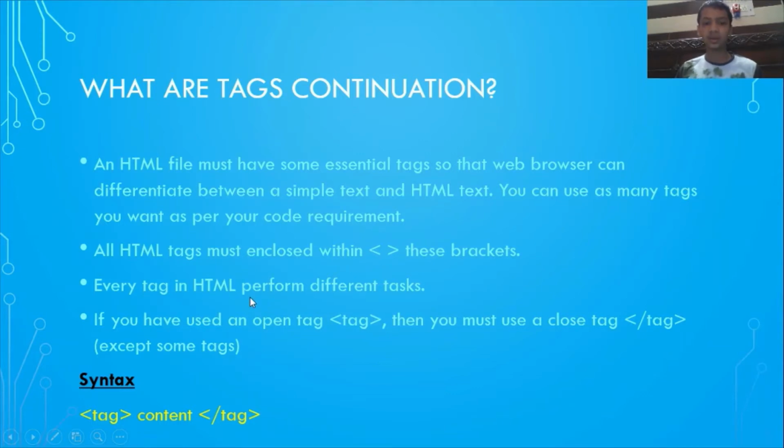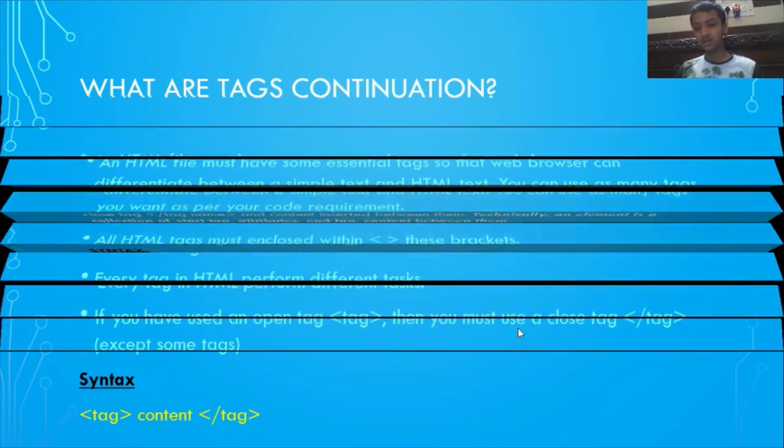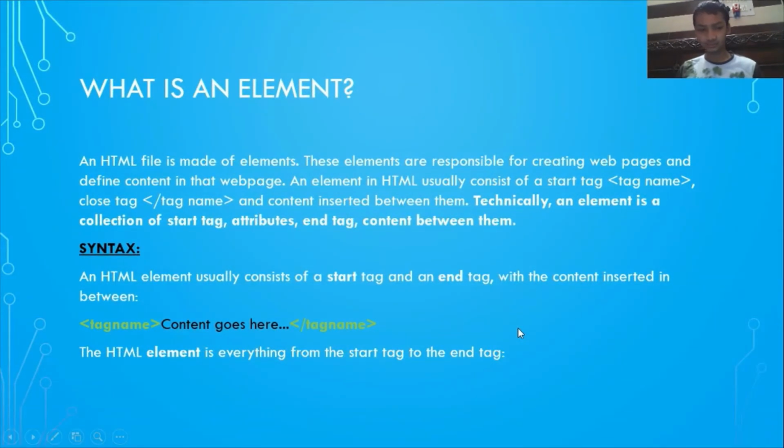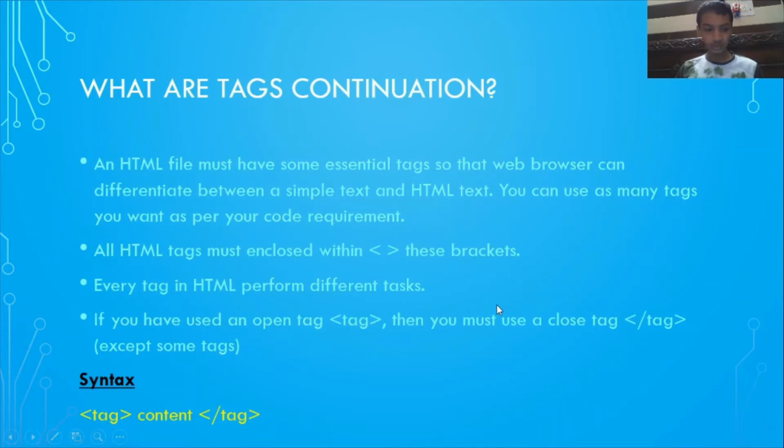Every tag in HTML performs different tasks, like I showed you before. If you have used an open tag, then you must use a close tag, except for some tags.